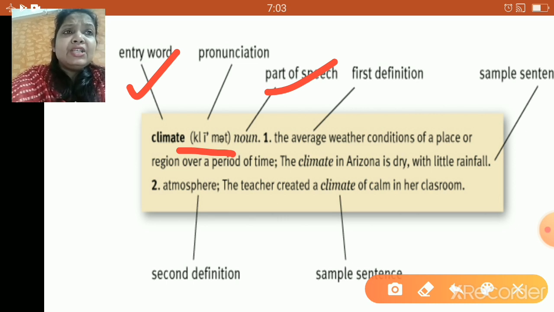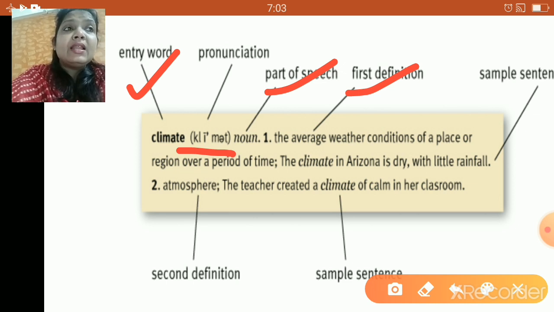Now, they have also mentioned the average weather conditions of a place or region over a period of time. So, they have mentioned the first definition of this particular word. What is the first definition? The average weather conditions of a place or region over a period of time.